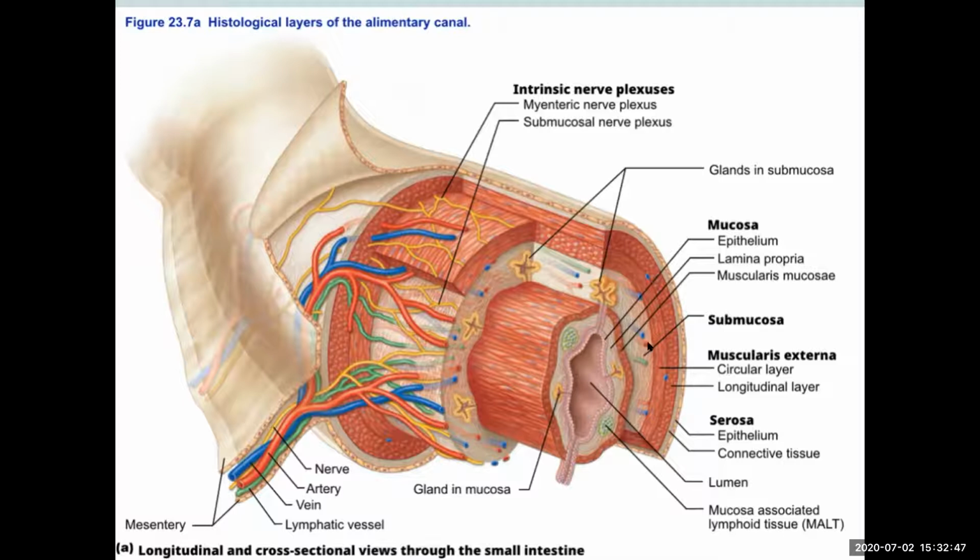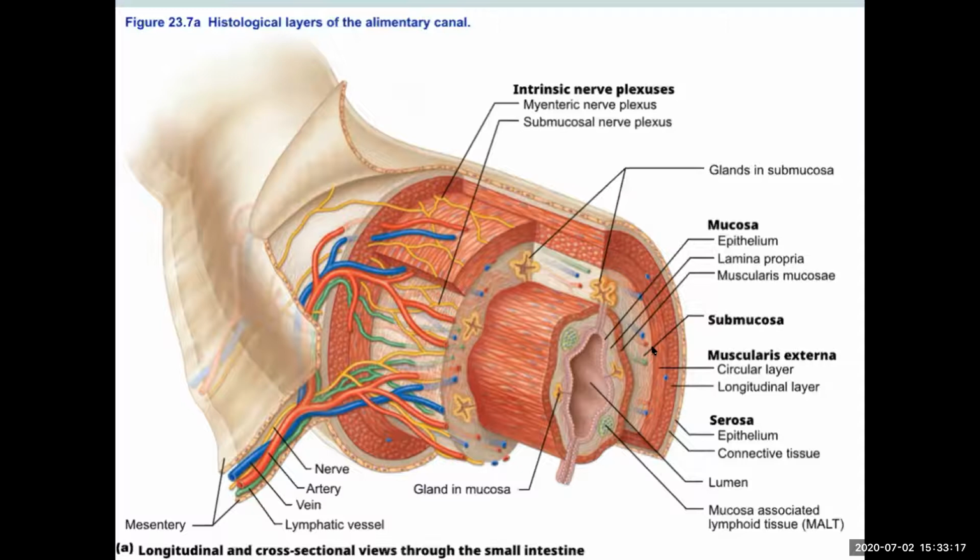Moving further outward, you find the muscularis externa. The muscularis externa, generally speaking, has 2 layers of smooth muscle running in perpendicular directions, so the fibers of those layers run perpendicular to one another. This allows your digestive tract to contract in different directions.